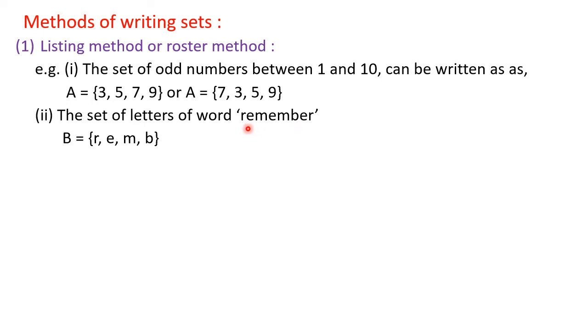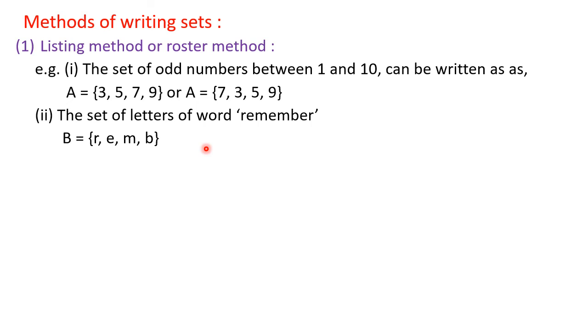So even though the word contains 8 letters, in the set we have only 4 elements. Okay, so you have to keep in mind that when we write the set, repetition of elements is not allowed. We can write one element one time only.